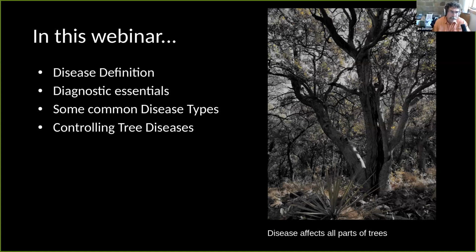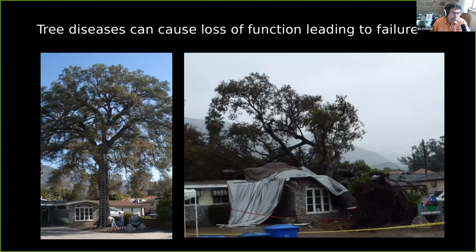So diseases can cause loss of function in trees that lead to their failure. And certainly this is a horrendous failure that occurred in Ojai about a decade ago.